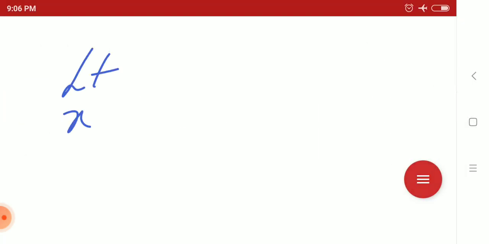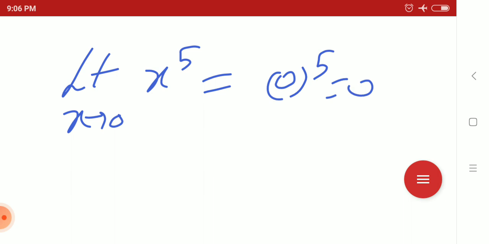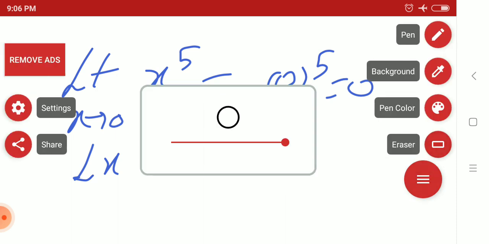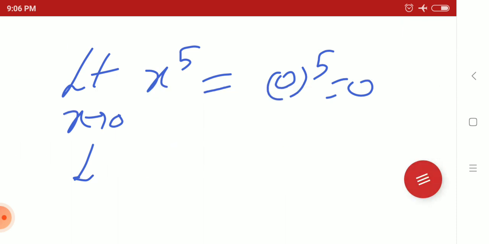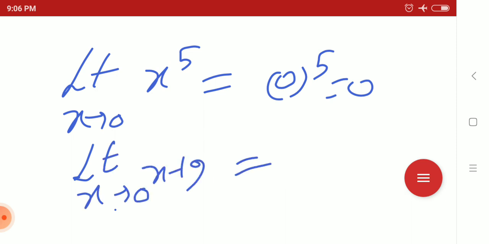Limit x tends to 0 of x to the power 5, that is 0 to the power 5, which means 0, coming from the negative side, x tends to 0 minus. But if you come from the positive side, limit x tends to 0 plus of x plus 9, then you will get 9.